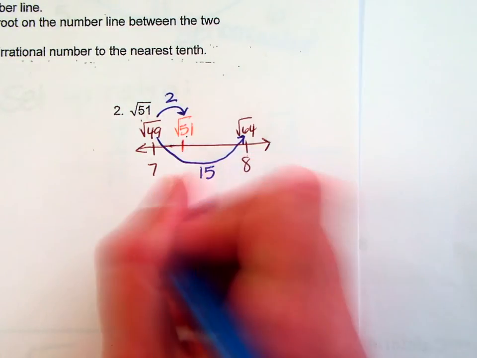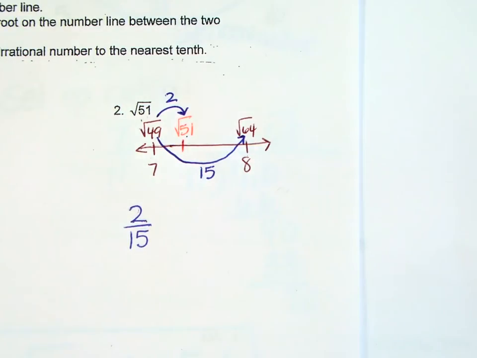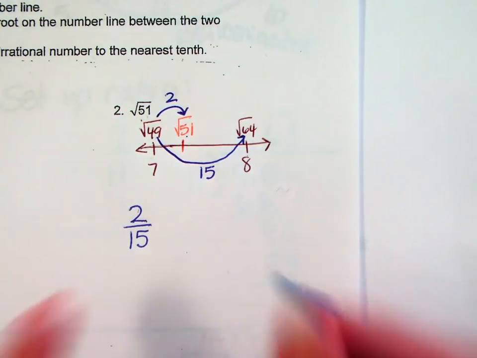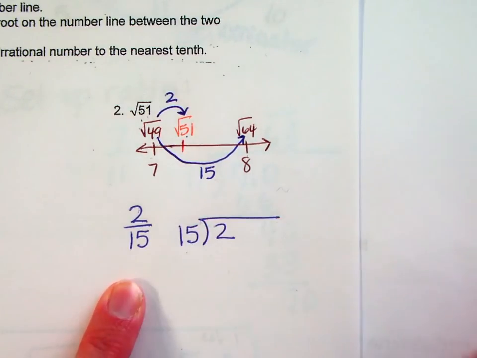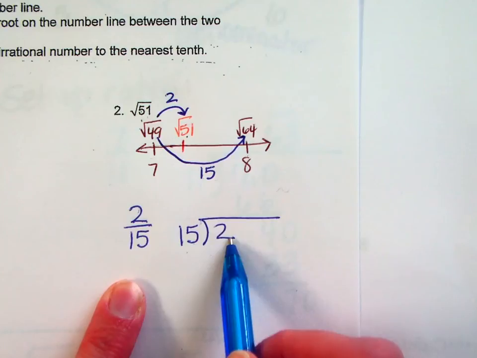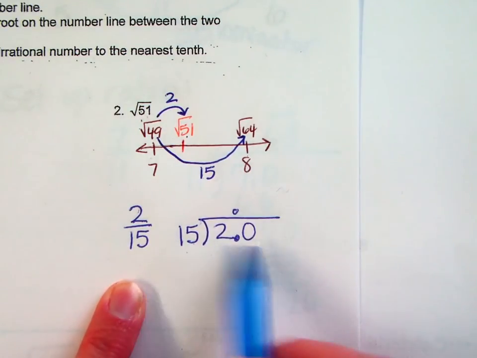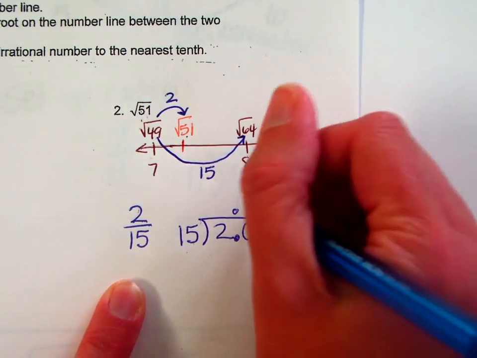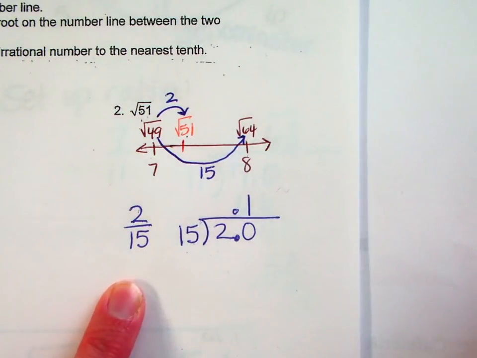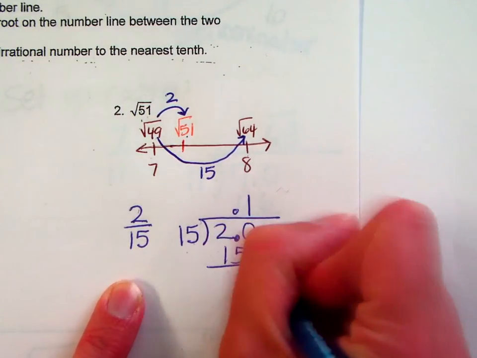I can go ahead and set up my long division. 15 won't go into 2, but 15 does go into 20. How many times? Once. 1 times 15 is 15, and then if we subtract, we get 5. 15 won't go into 5.